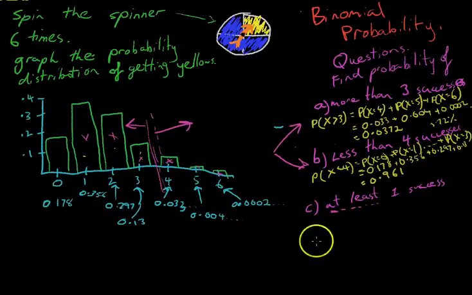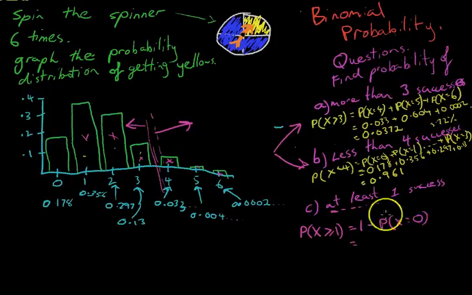Much faster way to go is to say the probability that x is greater than or equal to 1, which is what at least one success means, is equal to 1 minus the probability that x is equal to 0.